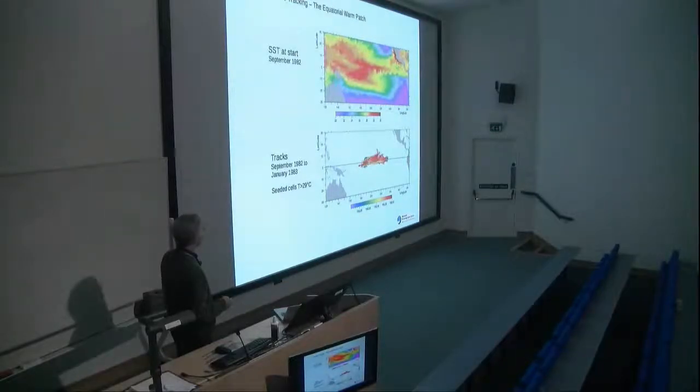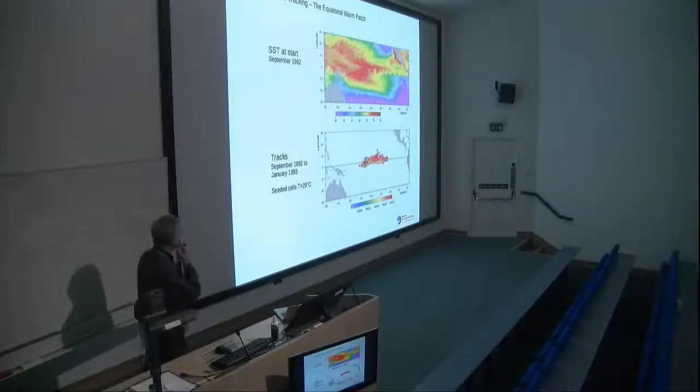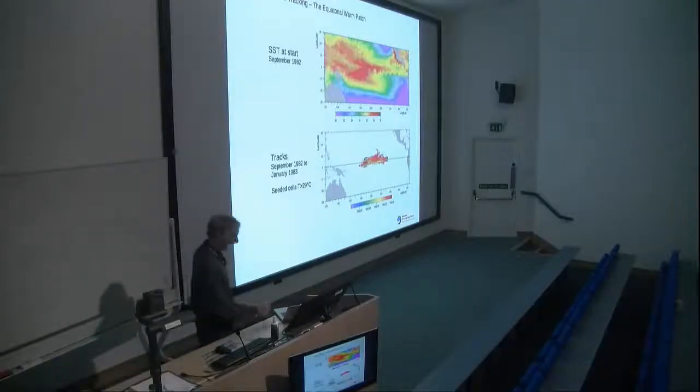It did go some way, but quite a lot of it came back. So that water didn't go anything like so far. And what you find is that along this line here is where the intertropical convergence zone is. And there is evidence that it actually moves down to this line during an El Niño period.